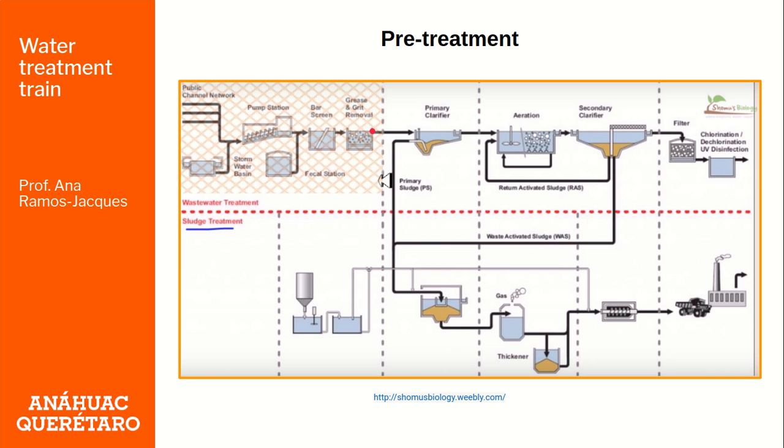We can remove the non-water-soluble contaminants because in general they float on the surface, but we can also add some chemicals, and then we have grease balls form, and those particles are removed.